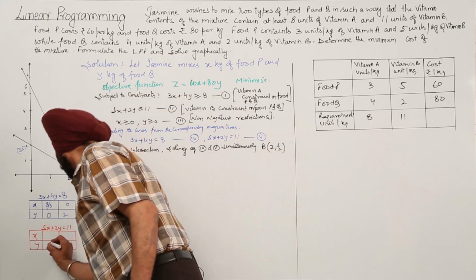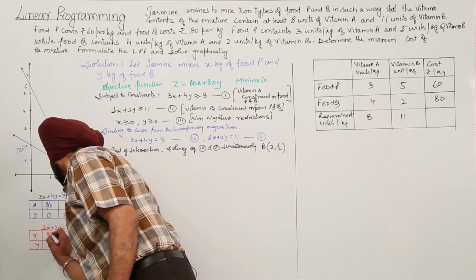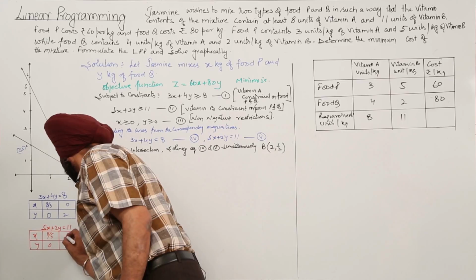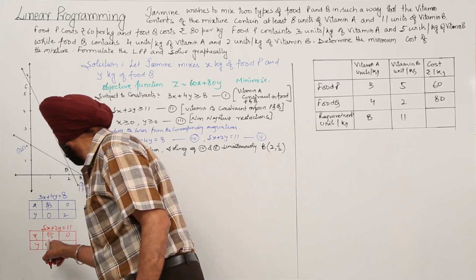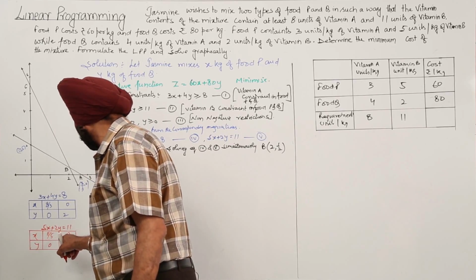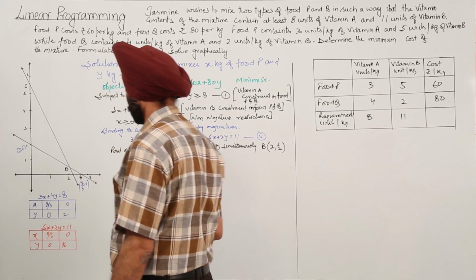Then when we are putting y as 0, we are having x as 11/5, and when we are putting x as 0, y is 11/2. Okay.